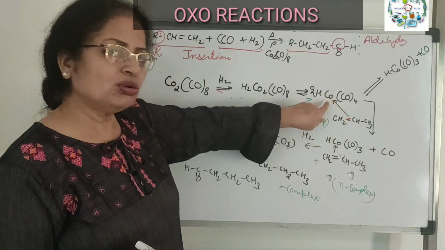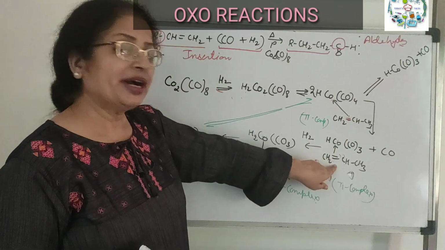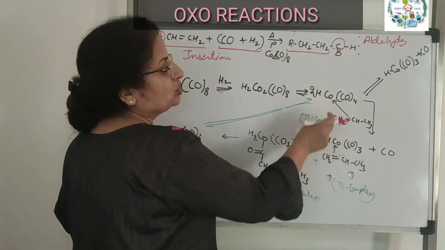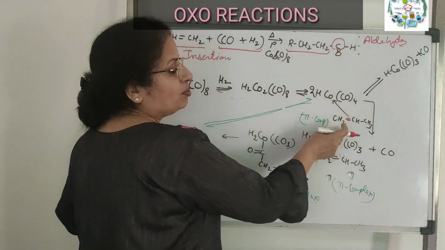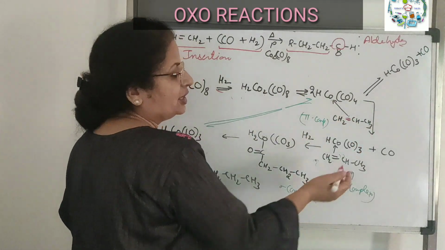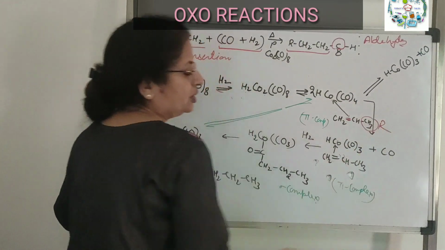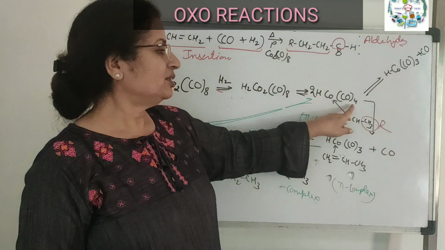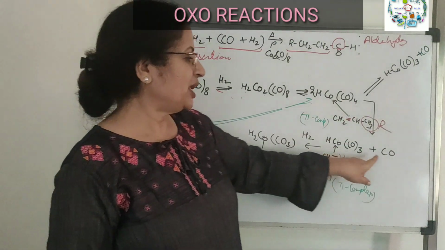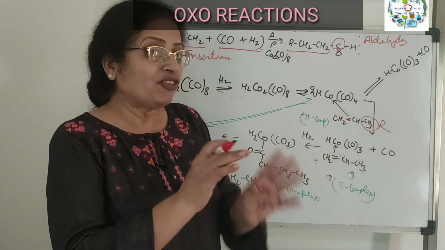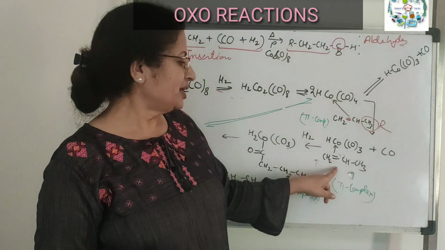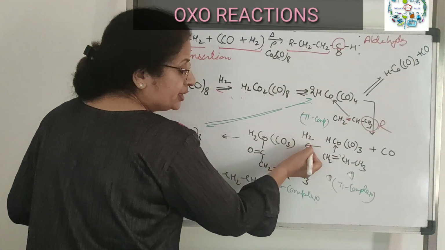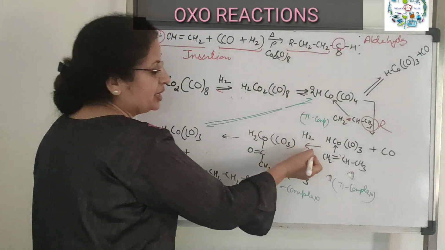It will give electrons to cobalt, and it will make a pi complex, because CH2 double bond will get attached with CO. So we will get HCo(CO)4 plus CH2=CH3, or CH3 may be R. So we will get this HCo(CO)3. Again, from pentavalent we are getting tetravalent plus carbon monoxide, but the 5th valency is occupied by this terminal alkene molecule.